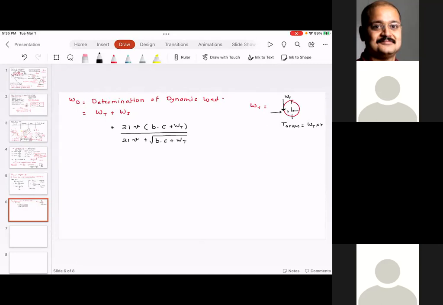Now this complex looking equation comes from something called Buckingham pi theory. Pi equation. What is this Buckingham pi equation?